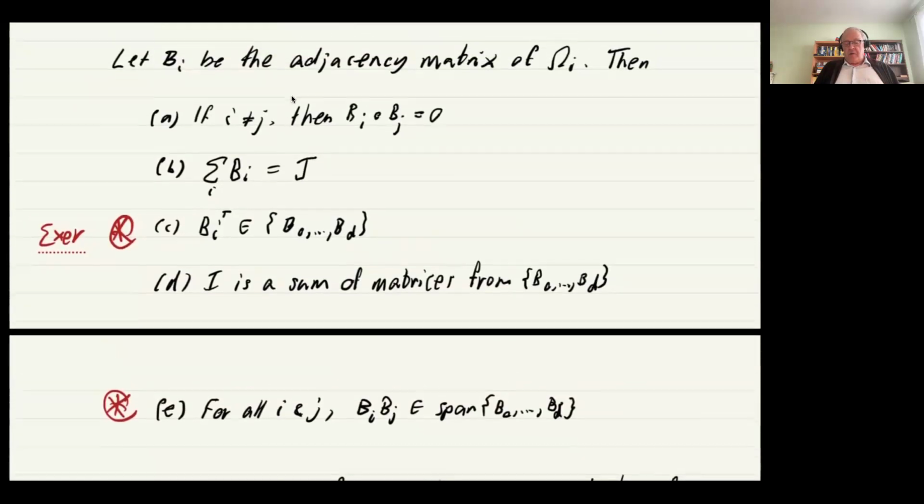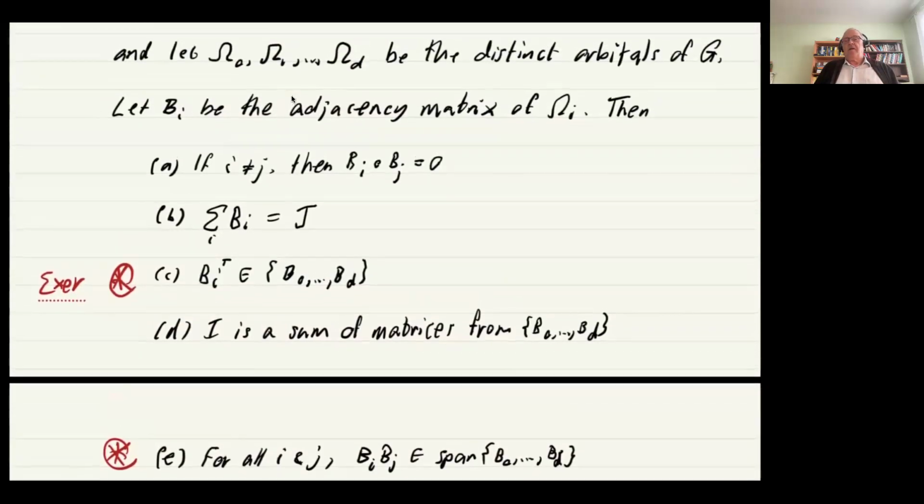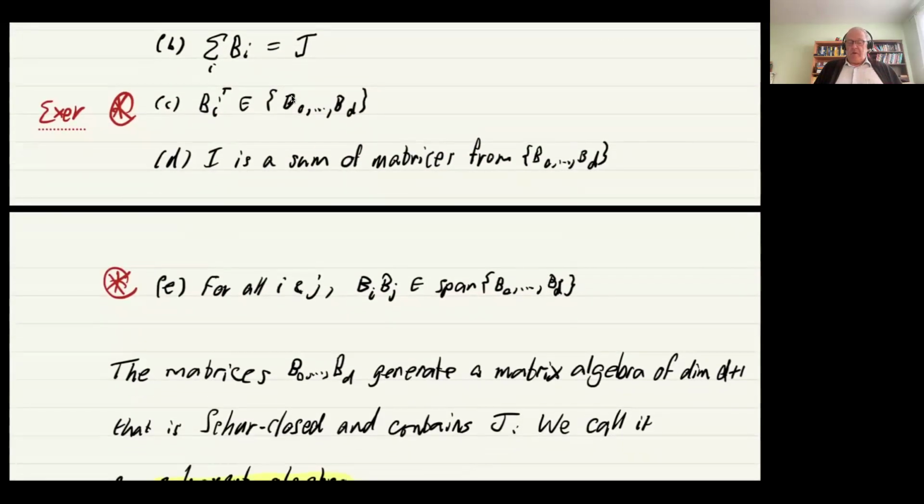It's closed under Schur multiplication because of this. The set consisting of the 0 matrix and the matrices B_0 through B_d is closed under Schur multiplication, and therefore the algebra they generate is closed under Schur multiplication. It's also closed under matrix multiplication. It contains the identity, which is the identity for matrix multiplication, and it contains J, which is the identity for Schur multiplication.